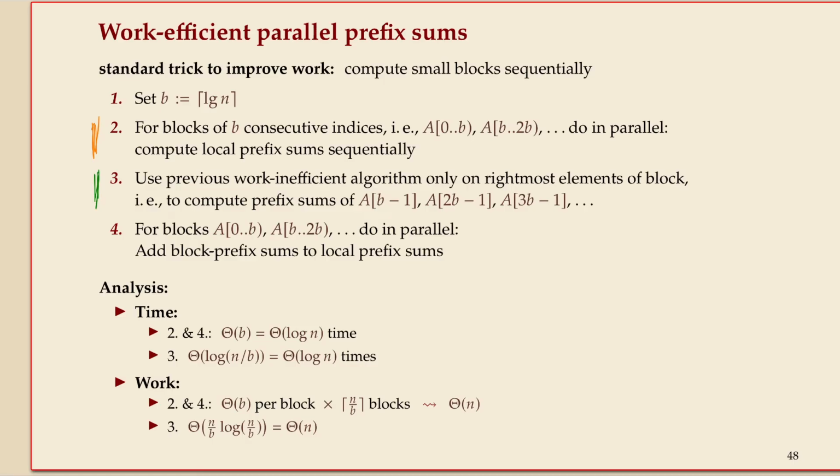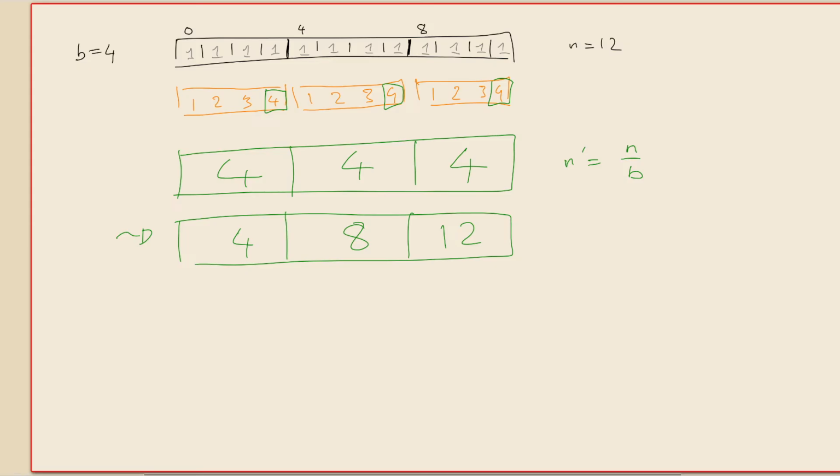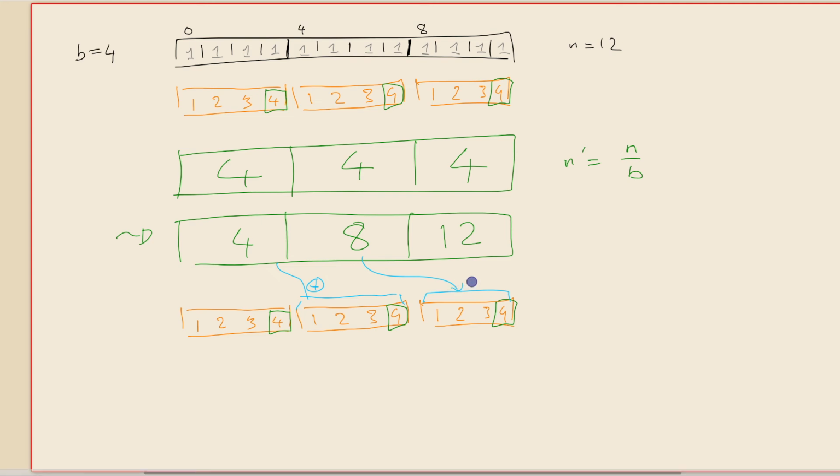And then the last step was to add the offset here to the original array. So I'll take a copy of this one. And then this last step adds this to all of these, and 8 to all of these.